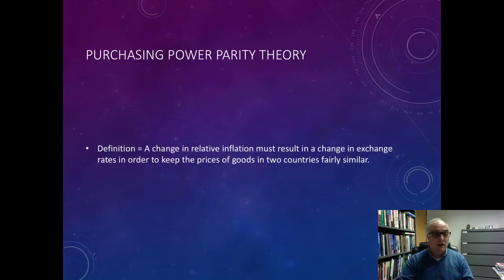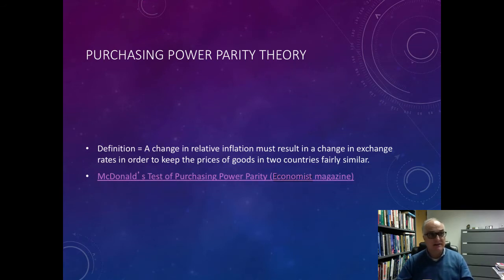All right, well, this principle, this theory, has actually been tested in a tongue-in-cheek way initially by The Economist magazine, and they developed, it's well over 20 years ago, what they called the McDonald's test of purchasing power parity. It's also called the Big Mac effect.